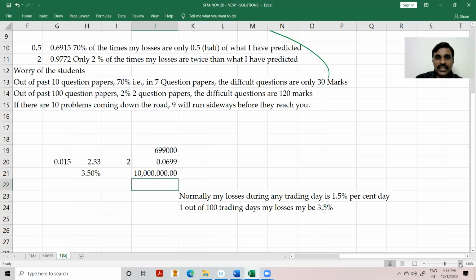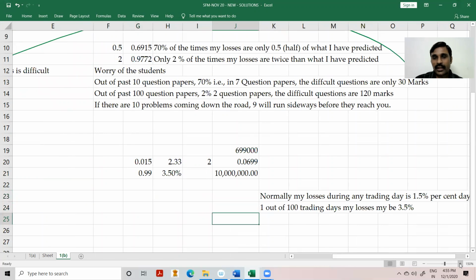So even though our answer is 1 crore, this is 2.33 into 0.015, which is 3.5%, and that 0.99. What do these two indicate? 99% of the times my losses are 3.5% or less. Only 1% of the times my losses are more than 3.5%.